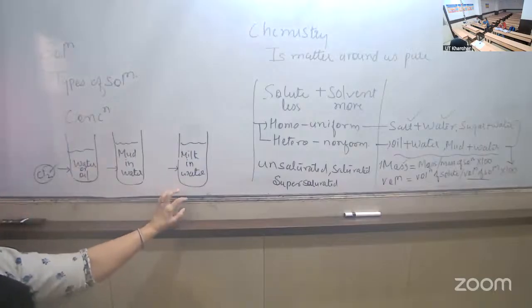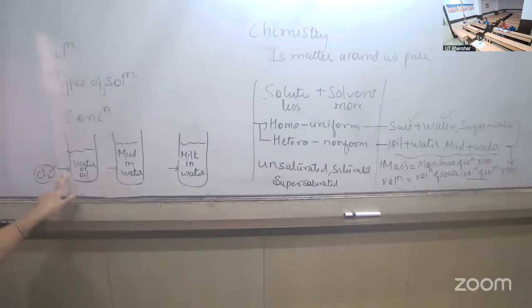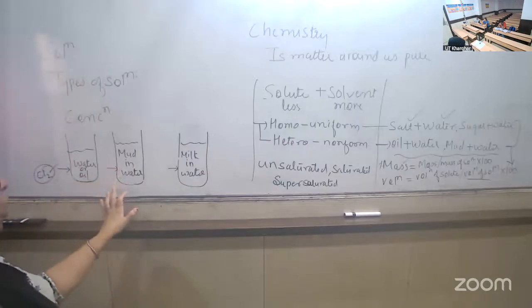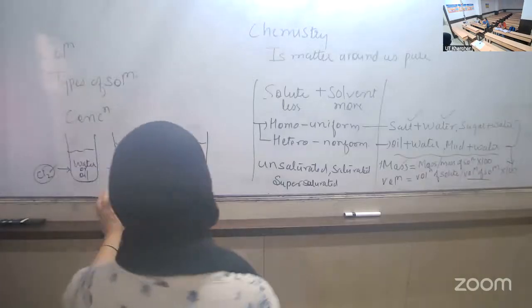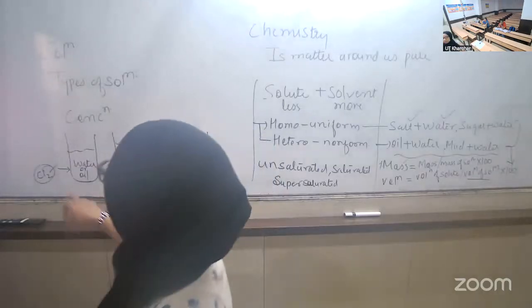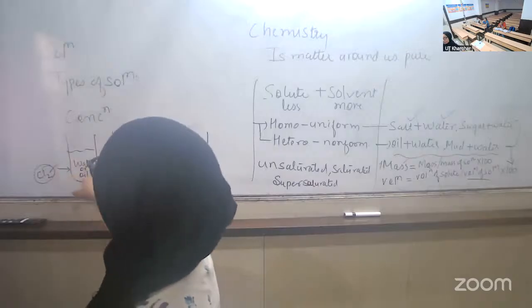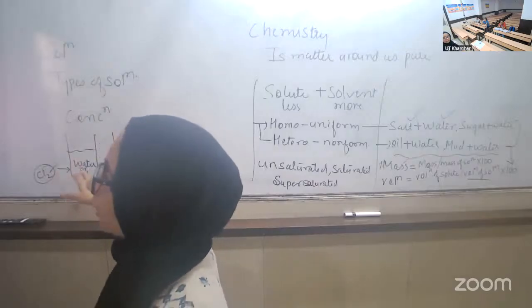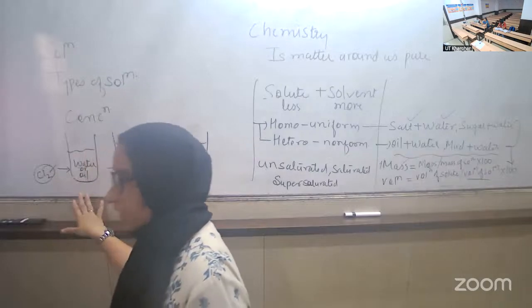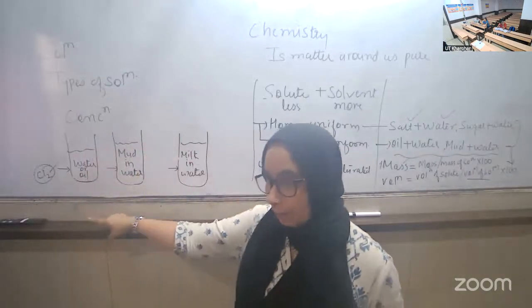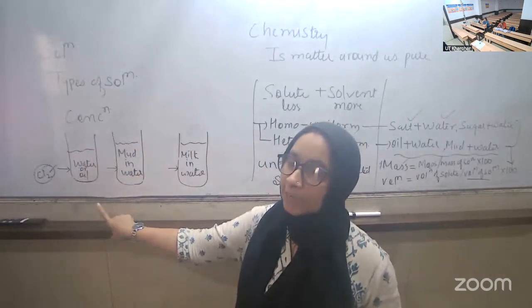Now, next part is passing of light. So, if I pass a ray of light across this particular beaker containing water or oil, second combination is mud in water, third combination is milk in water. So, what happened? यहाँ से rays will pass. From this side it will come up. Whether scattering of light will take place or the light ray will pass in a straight line.